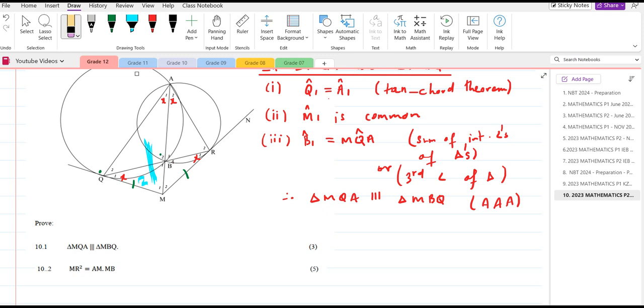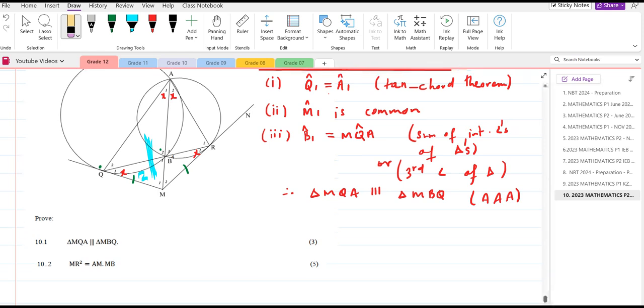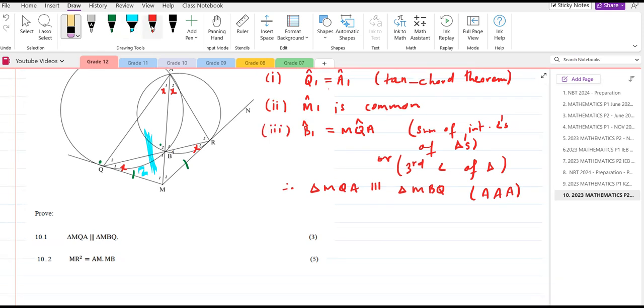So what we know is that angle A1 is equal to angle A2, which is x. Angles bisected, right? We've got angle Q1 is equal to angle A1. We did that already.